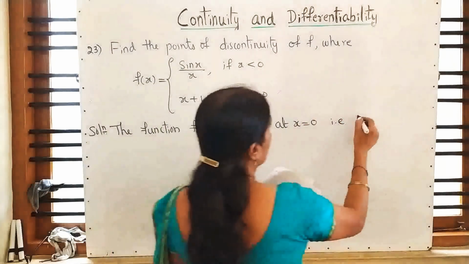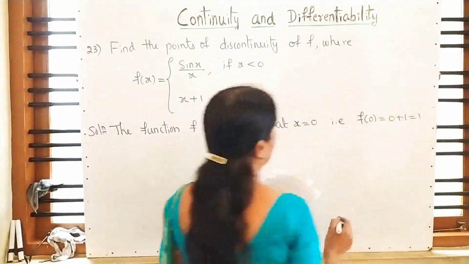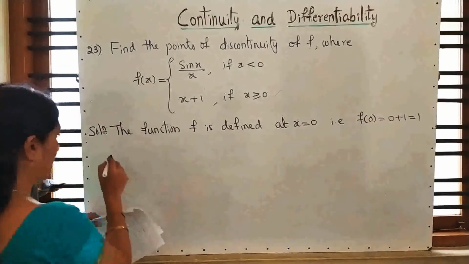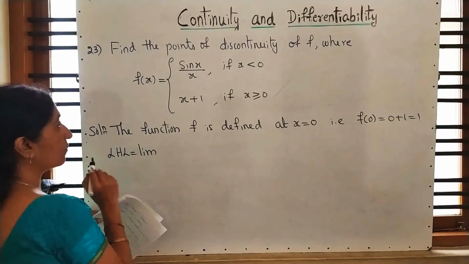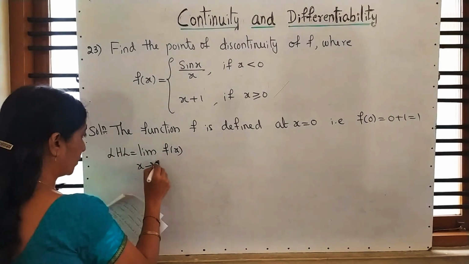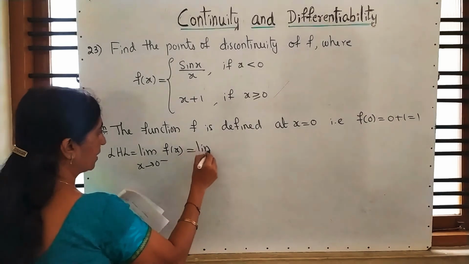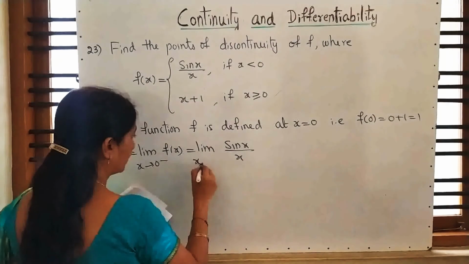That is f of 0 is 0 plus 1, 1. Now moving to the left hand limit. For this, which expression are you selecting? See students, now you only tell me. We are selecting the first expression.